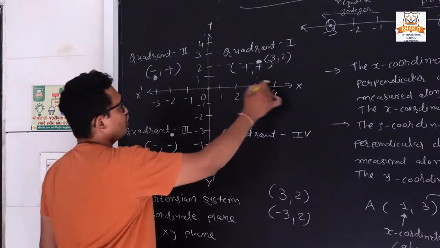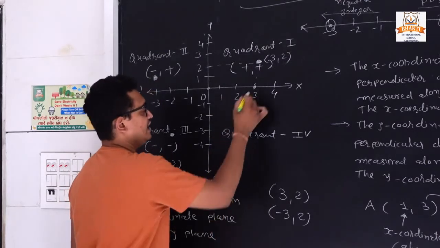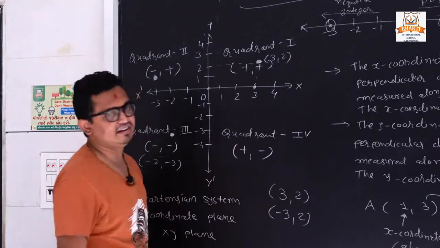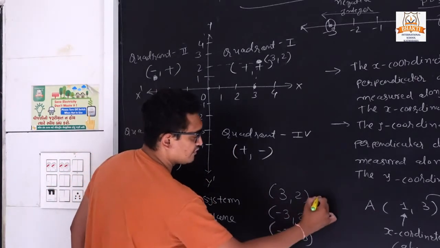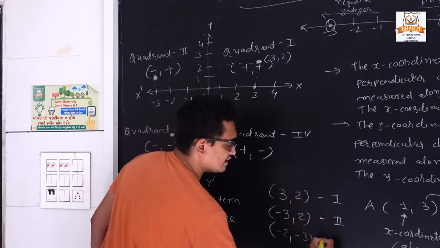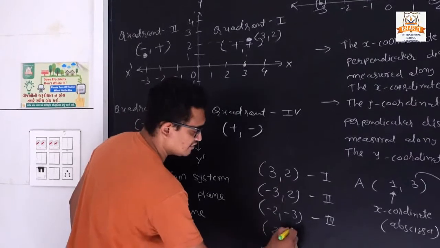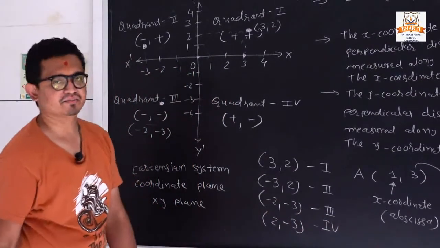Now last, the fourth quadrant. It is this portion. In the fourth quadrant, x has a positive value and y has a negative value. Suppose we take examples: this coordinate is in the first quadrant, this the second quadrant, this indicates the third quadrant, and last it is our fourth quadrant. Clear?